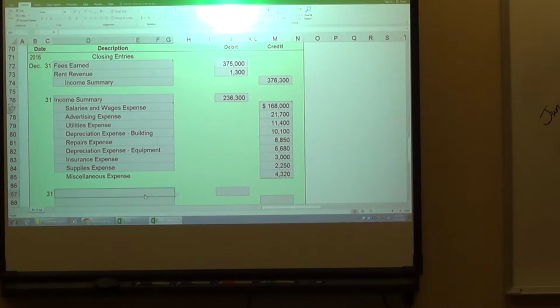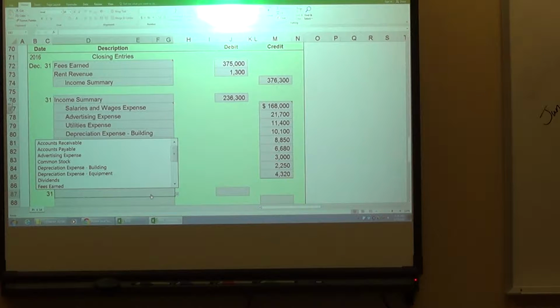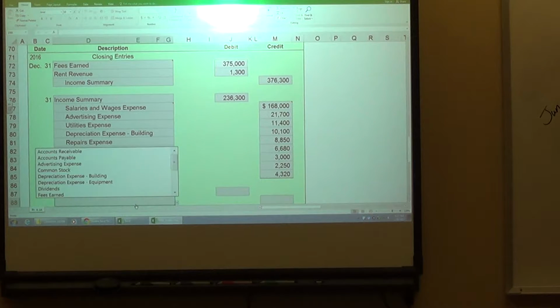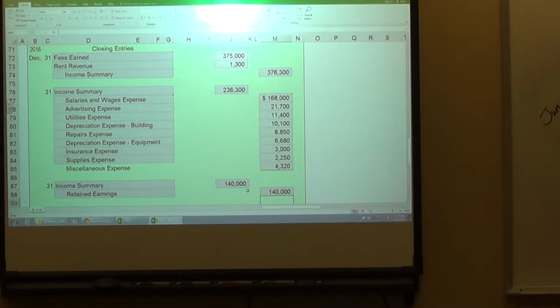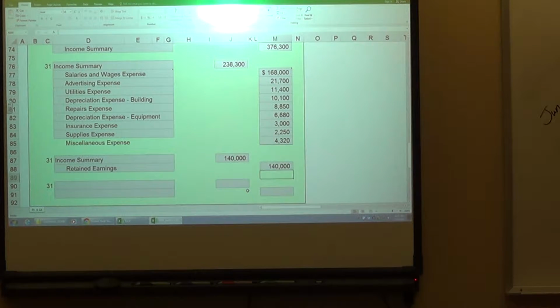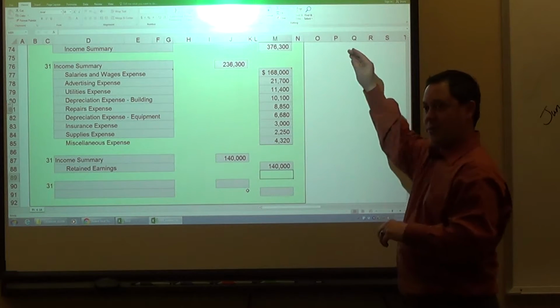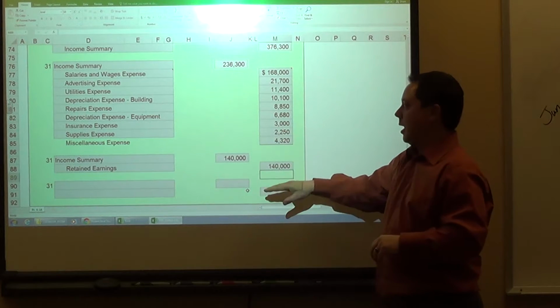So that's what we're going to get rid of here. So that's my net income. There are 4 steps to that: revenues, expenses, net income, net loss. And now we're going to do dividends here.